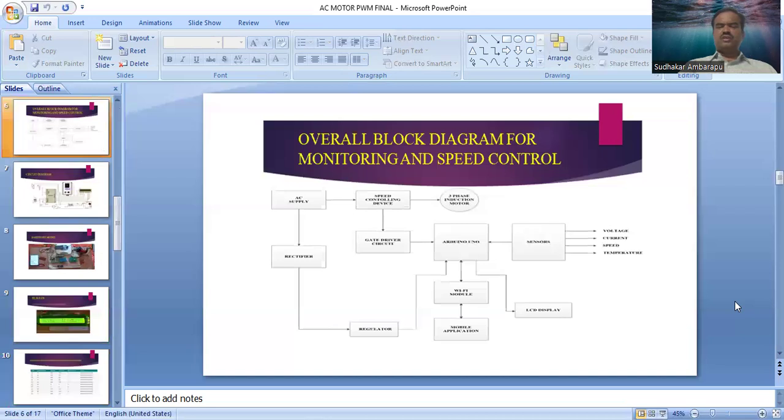Here, there is an Arduino Uno connected, getting data from different sensors, and it is continuously uploading the data to the cloud. And we can access the data from the cloud through any app remotely through a mobile or computer, and we can get the status of the three-phase operation of the three-phase induction motor.